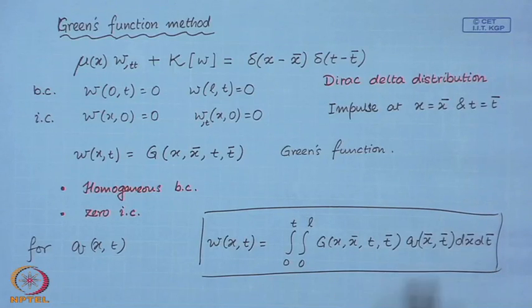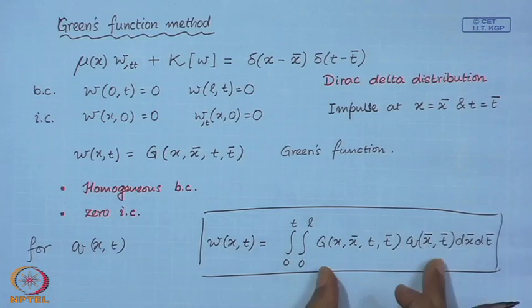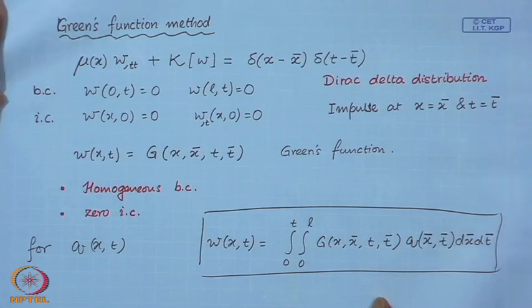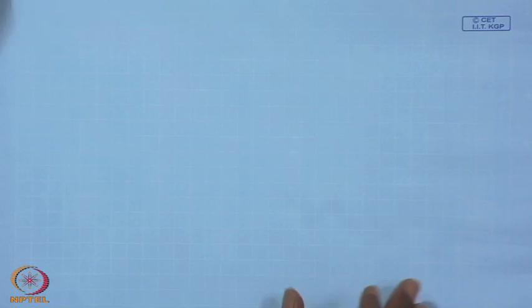So, once we have the Green's function, the solution to an arbitrary forcing can be determined like this.